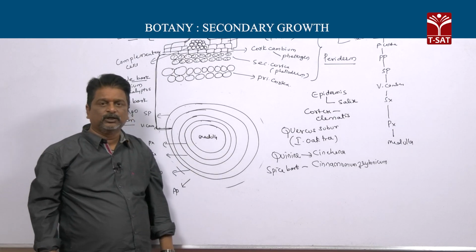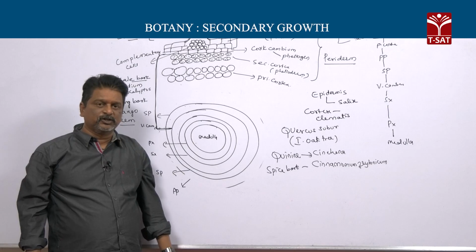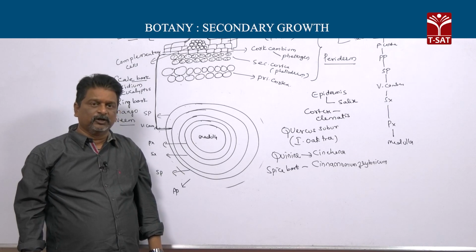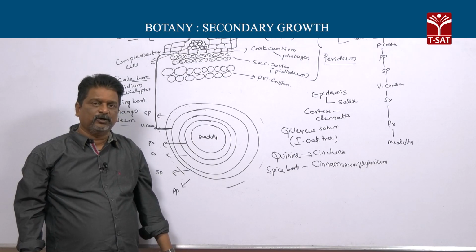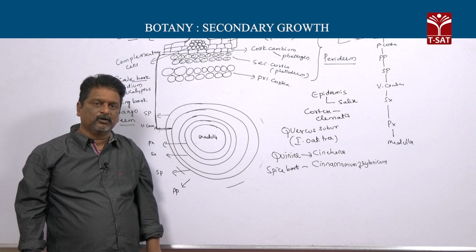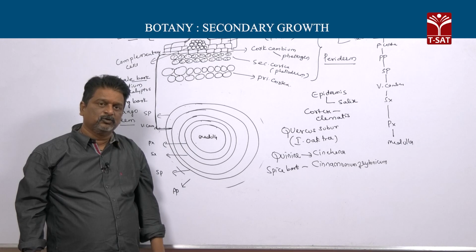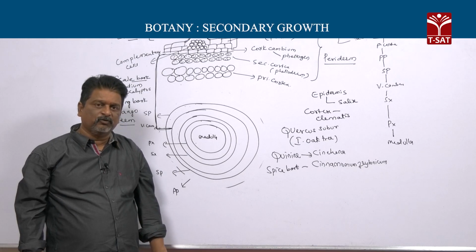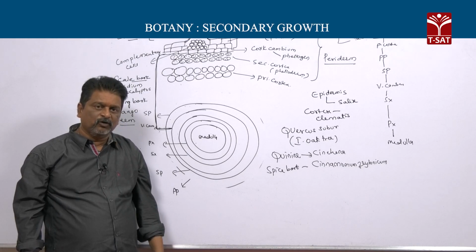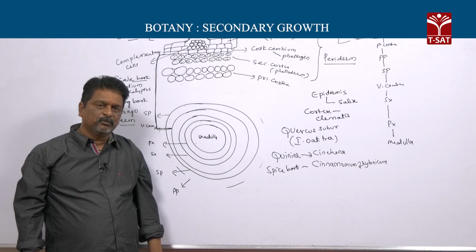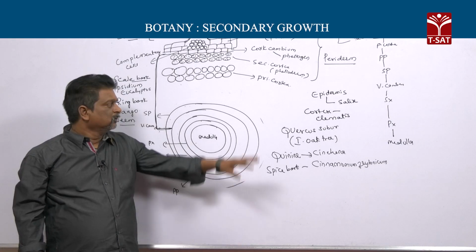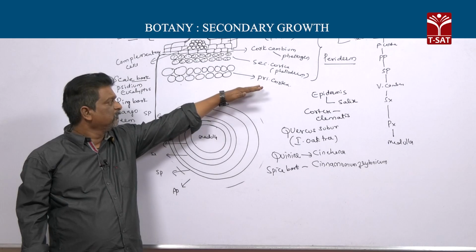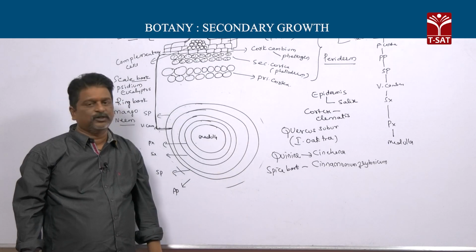Outside the stele, in the cortex, the cork cambium, or cortical cambium, is responsible. In a dicot stem, cork cambium is totally secondary in origin, generally developed from the primary cortex by dedifferentiation, because the primary cortex is parenchymatous. This is secondary growth in a dicot stem.